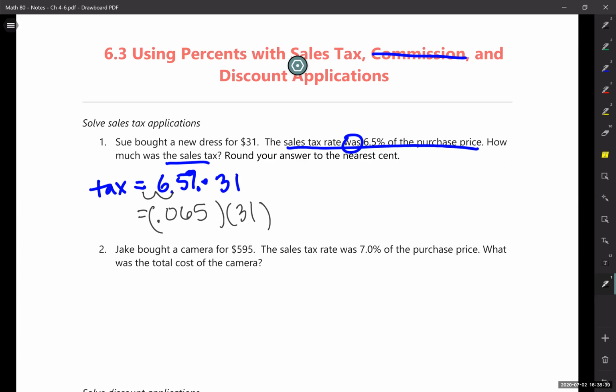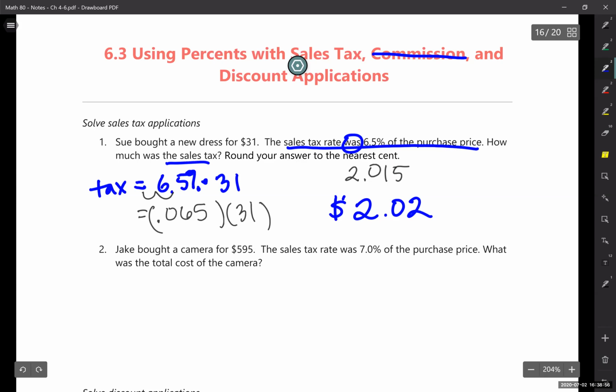I want to take that number and multiply it by 31 and I get 2.015 as my calculator answer. So the final answer for the tax is $2.02. I have the dollar sign and I have it rounded to the nearest cent.